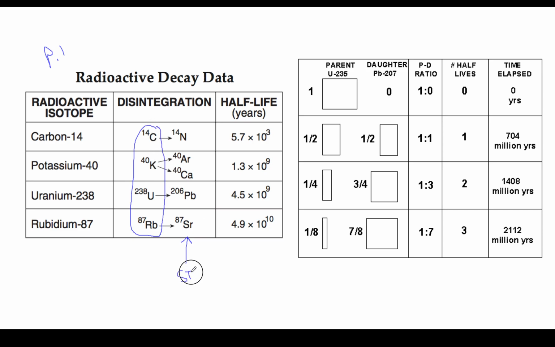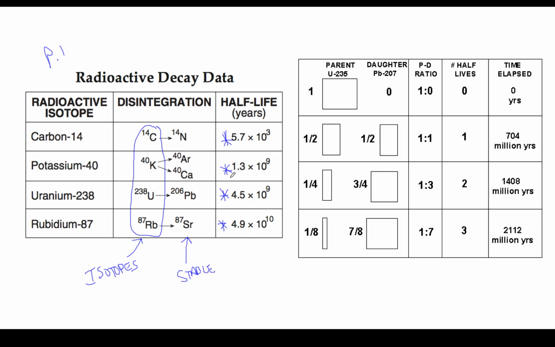All right, so the products are stable, and your isotopes, remember these are called isotopes, are radioactive. And they want to break down, and half of them break down to a stable product every half-life, and each half-life has a specific time, and that is why radioactive isotopes are a good indicator of age.